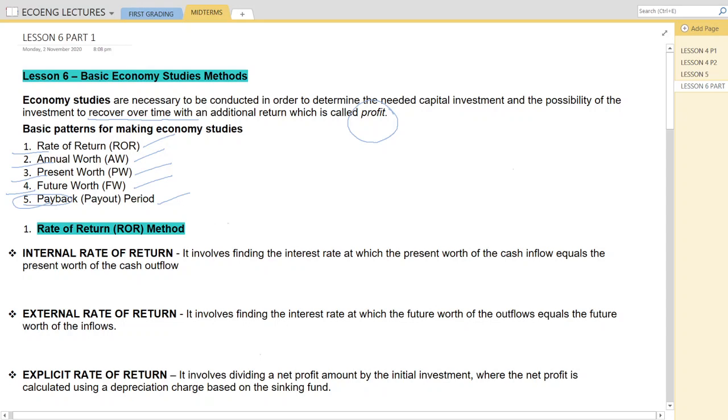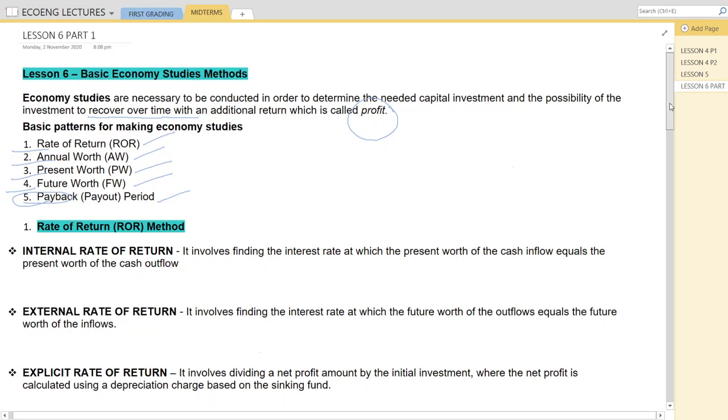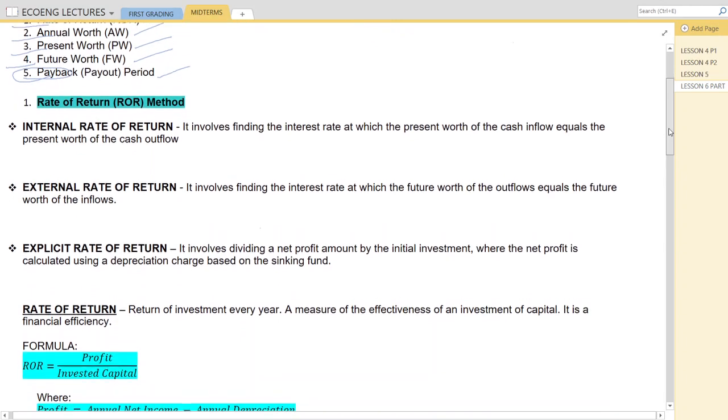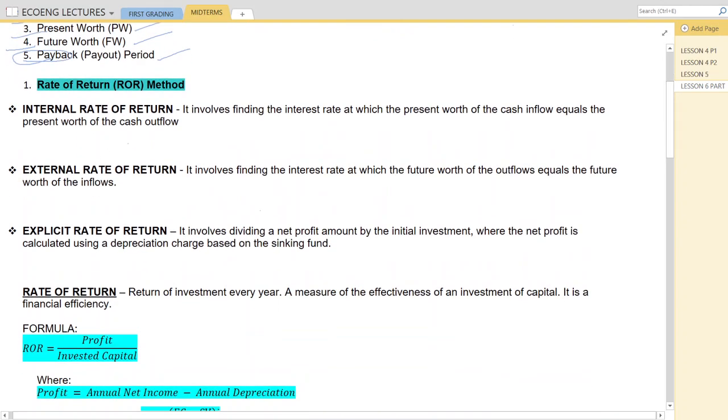So for the rate of return method, we have 3 types: the internal rate of return, external rate of return, and the explicit rate of return. If you're going to simply define the internal rate of return, that is the present worth inflow that is equal to the present worth outflow.